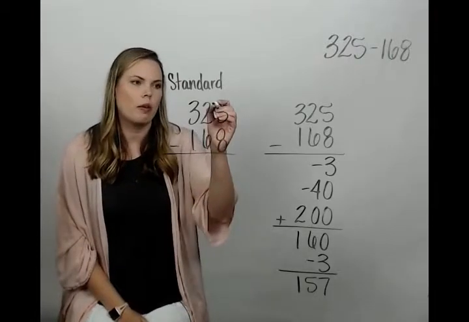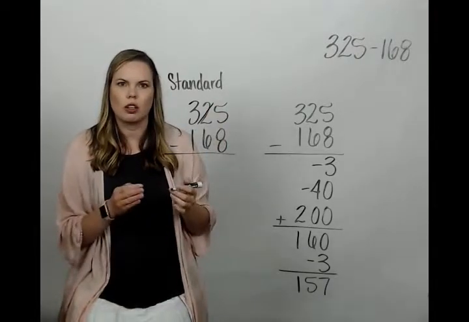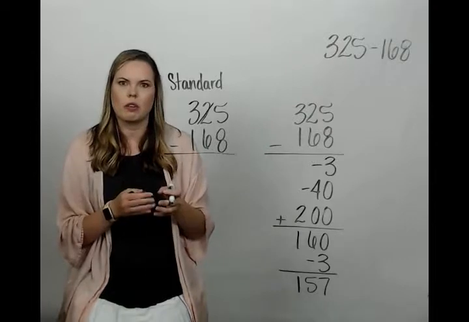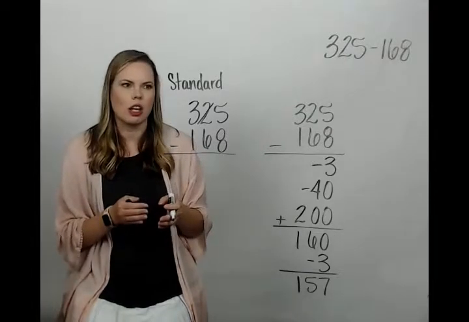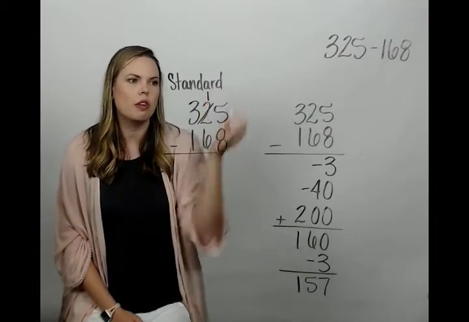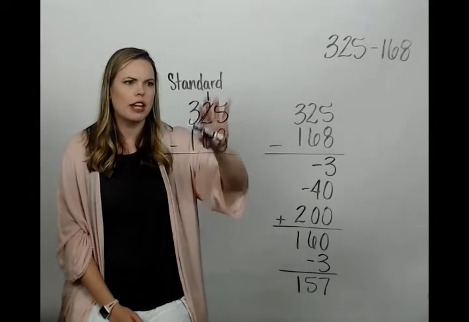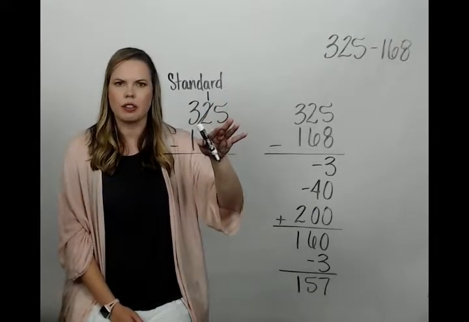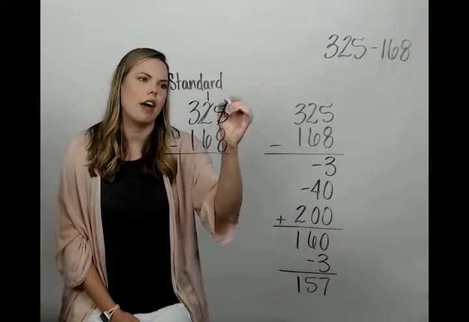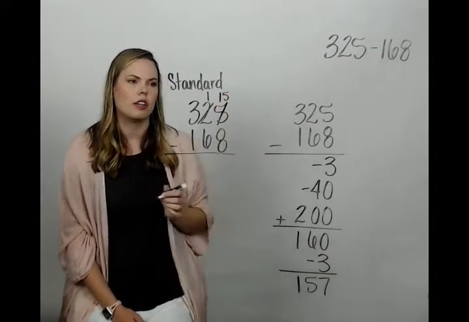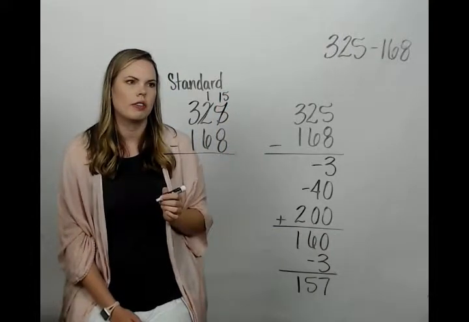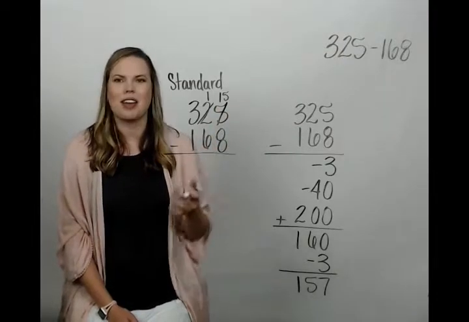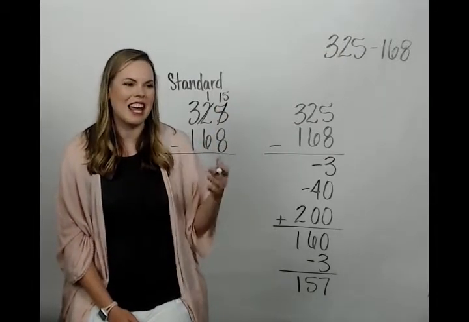You can actually do this physically with your manipulatives. Take one of your rods and trade it in for 10 units. So now we just have 1 rod. And we take those 10 units and add them to the 5 units that we already have. So we have the 15 units, okay? So we can do this now that we have enough. We can take 8 from 15.